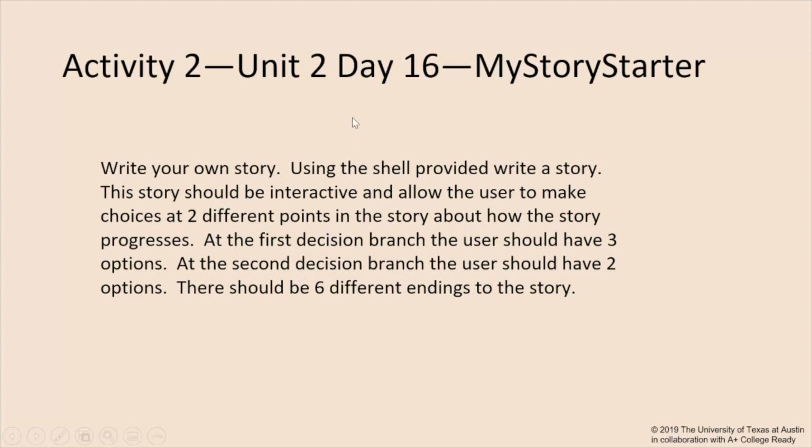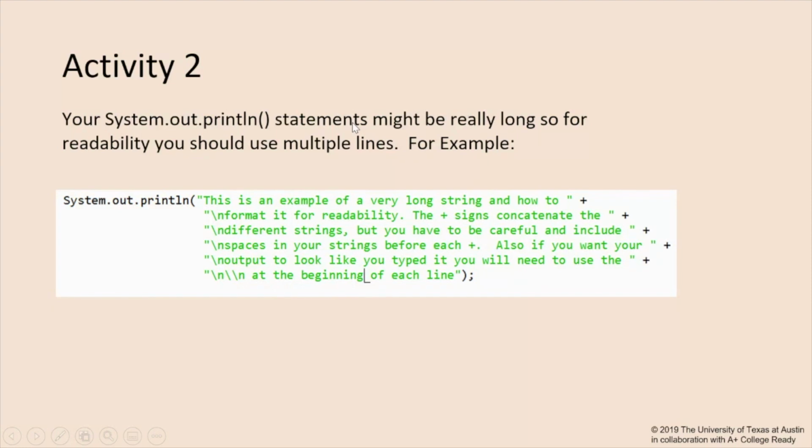When you are writing code like this and you need to print really long statements, one of the ways to make that happen and make it more readable is to use concatenation, which is plus, and the escape sequence of \n.